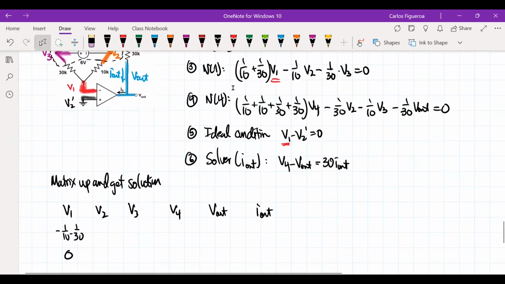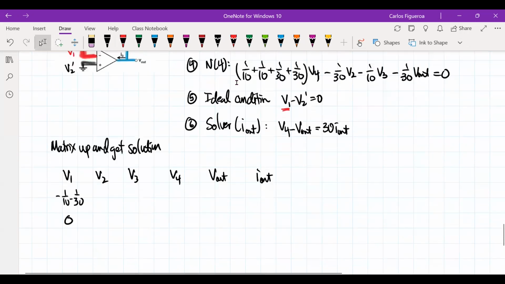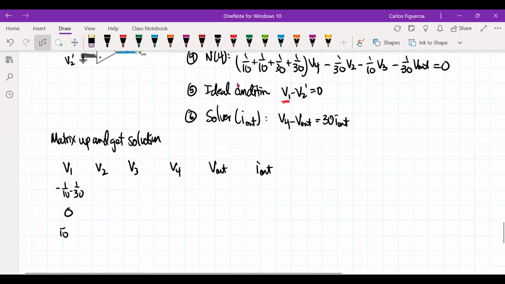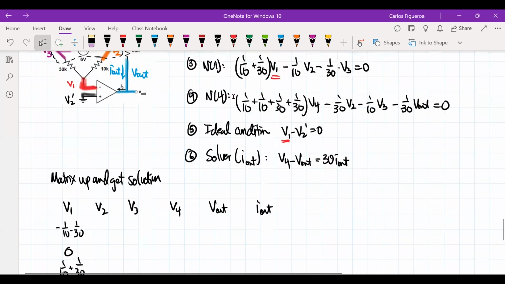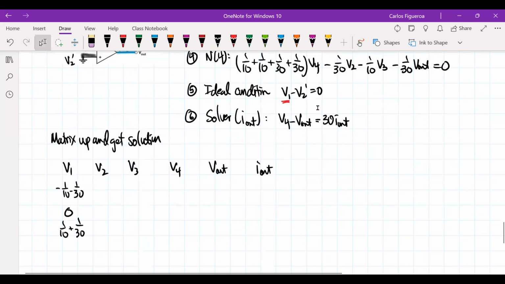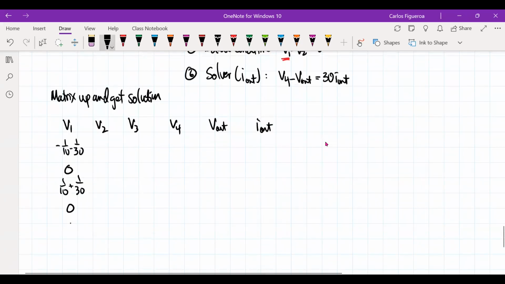And if I go to the equation 3, I got 10 plus 30. And then if I go to 4, I have 0. And if I go to 5, I have 1. And if I go to 6, I got 0.